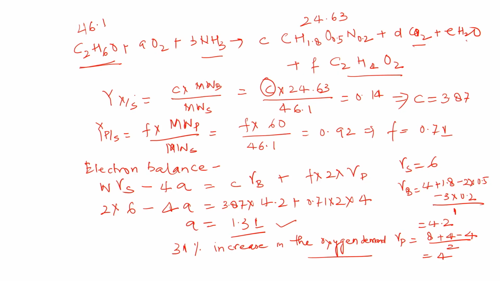So, in this way, once we apply this electron balance, it becomes easy for us to solve these stoichiometric coefficients. Here the yield coefficient and electron balance are very helpful. In addition, if required, we can go for carbon and nitrogen balance, but typically we avoid the hydrogen balance.